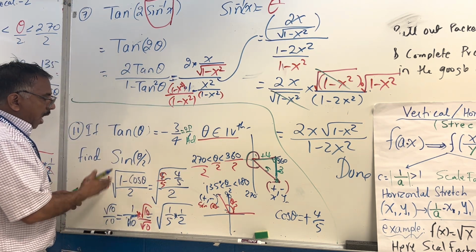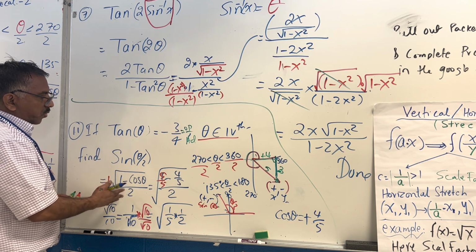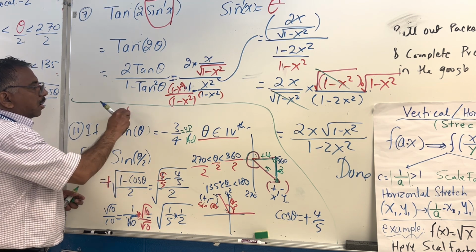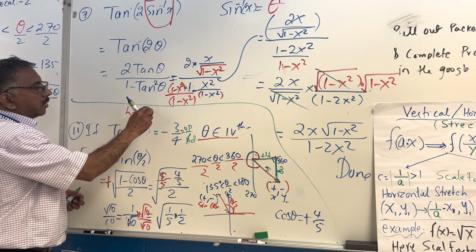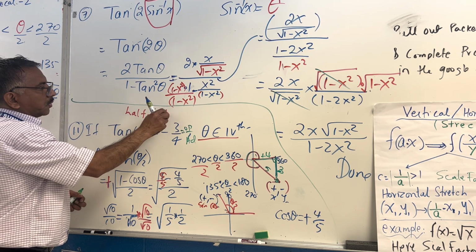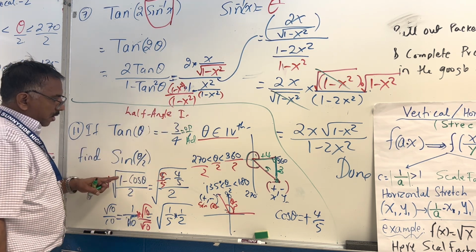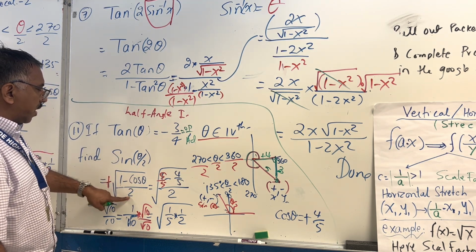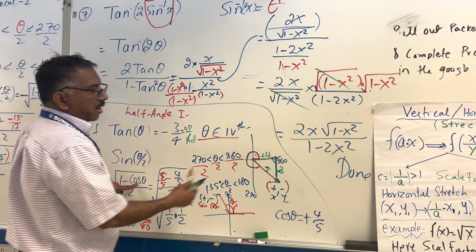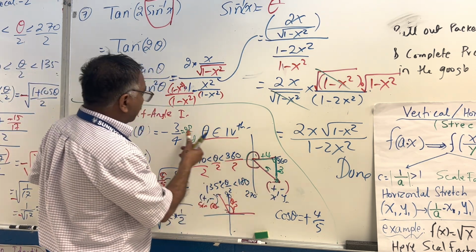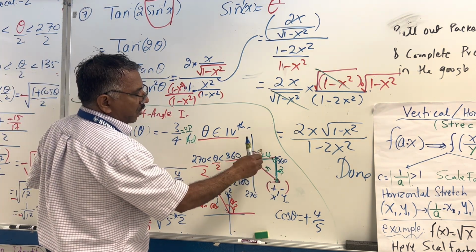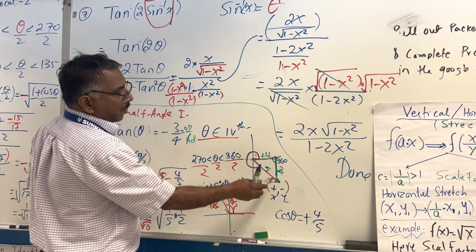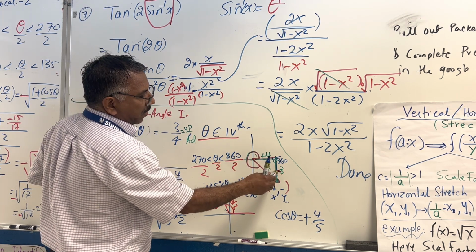But the question is, why did we pick this? Because of the half angle identity: sine theta by 2 is square root of 1 minus cosine divided by 2. And the cosine we can get from this, because you know this is 3/4, minus, because this one is minus in this part.